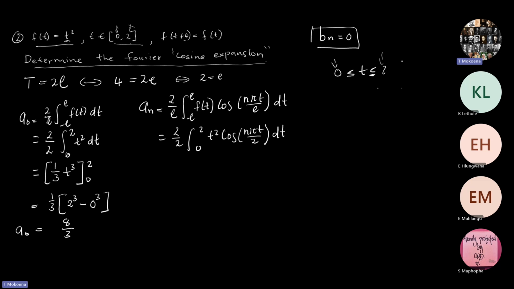Here we make a revision from first semester. Remember, in first semester we were integrating, doing direct integration, separable equations, all of those things. Here the technique is coming, we are integrating under Fourier series. But the question is, how am I going to integrate these two functions? I have two functions which are multiplied together, t squared and cosine.